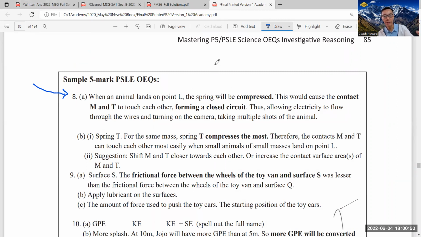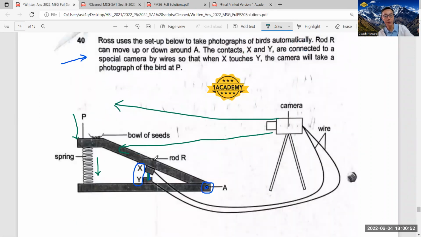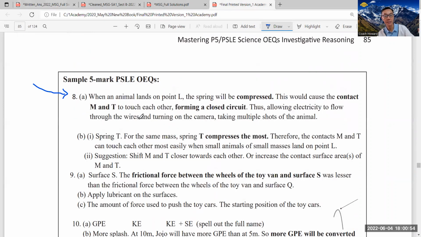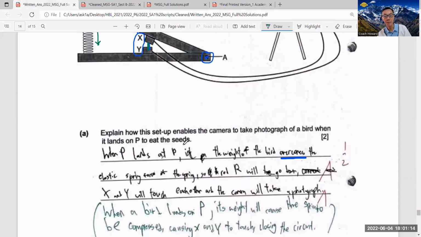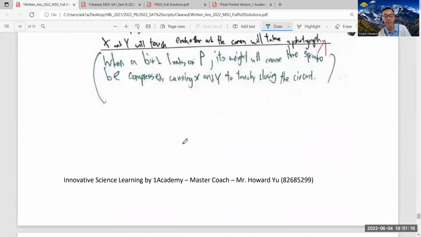This would cause the contacts X and Y to touch each other, forming a closed circuit, thus allowing electricity to flow through the wires, turning on the camera, taking multiple shots of the animal. So that's for this part: explain how the camera works.